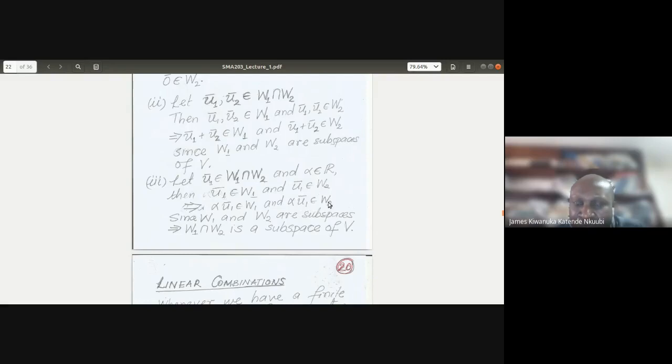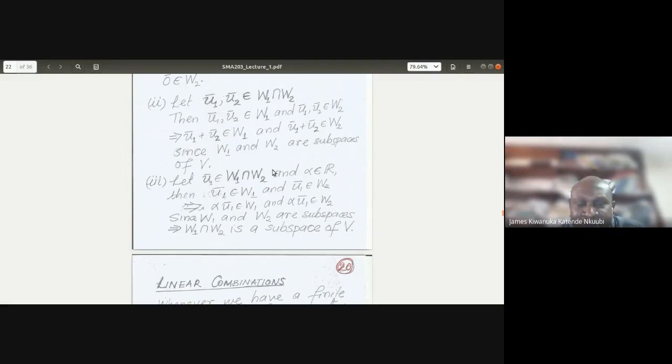Alpha U1 will also be a vector in W2 because W2 is a subspace, and a scalar multiple of any vector in W2 will also be another vector in W2. That is true because W1 and W2 are both subspaces. And therefore, we have shown that the scalar multiple is in both W1 and W2, and therefore must be in the intersection of W1 and W2. This confirms that the intersection of two vector subspaces will also be a subspace.